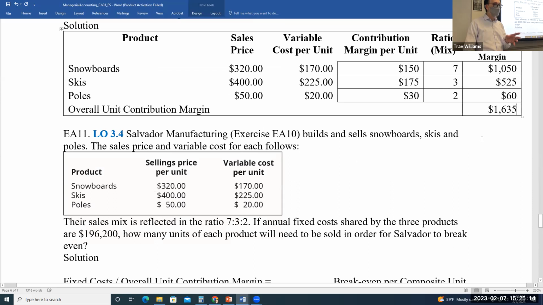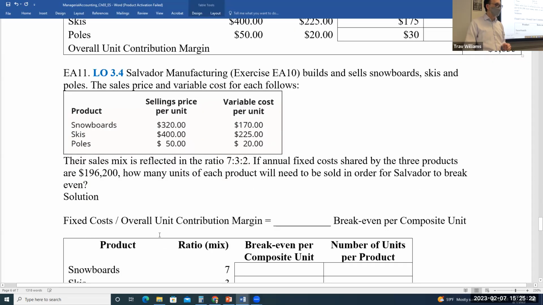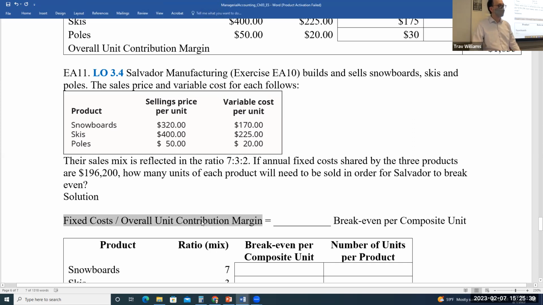Okay, so now we know our contribution margin per composite unit. We could figure out our break even in composite units. So you see fixed costs divided by the contribution margin per composite unit. Here it says overall unit, but they mean composite unit. So they're just trying to confuse us with terminology.